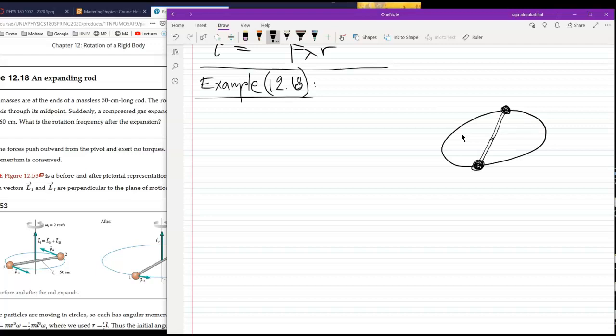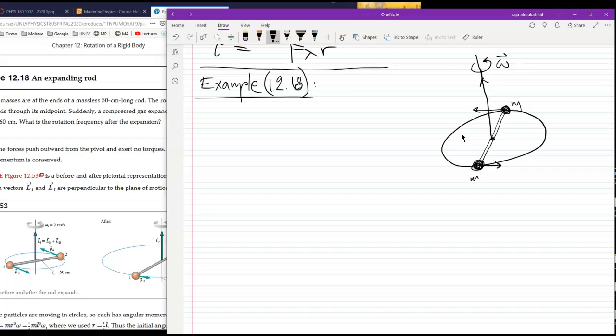Something like that, and then you have a vertical. I'll try to make it vertical. There we go. And then here is the axis. That's like omega, and then they're going in this direction like that. This is mass M, mass M.